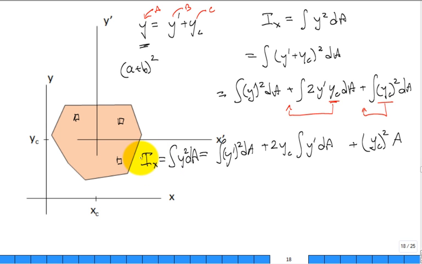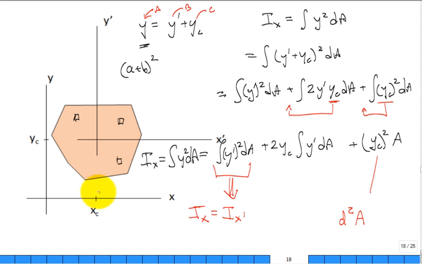All right, what do you think this term is equal to? I sub x prime. What do I mean? It's that area moment of inertia for the centroidal x-axis, isn't it? All right, this is my separation distance squared times my area. What was the separation distance?